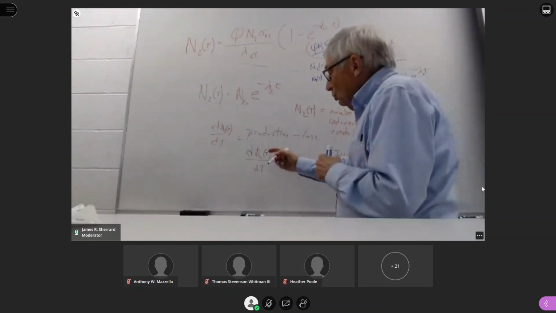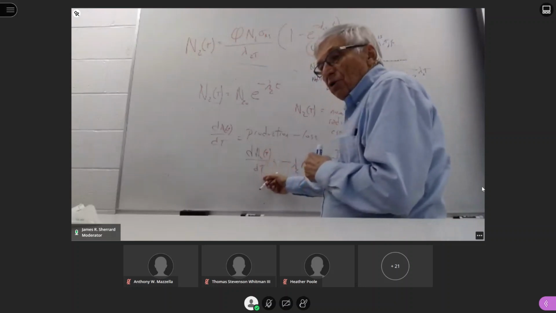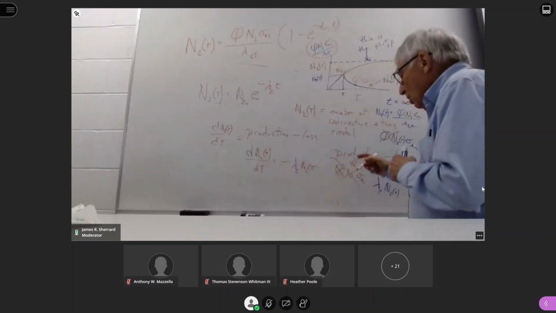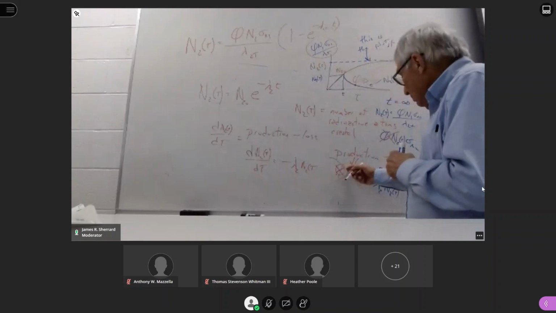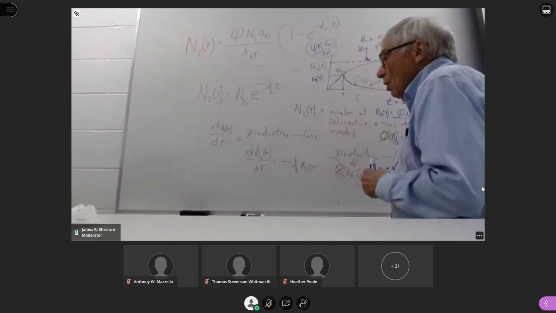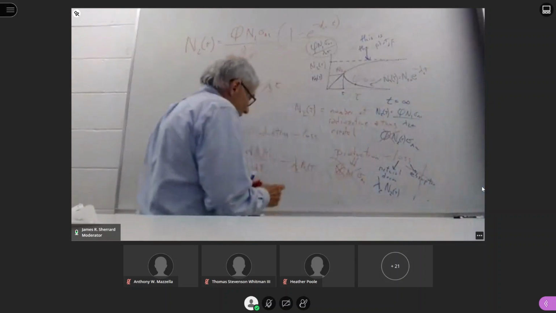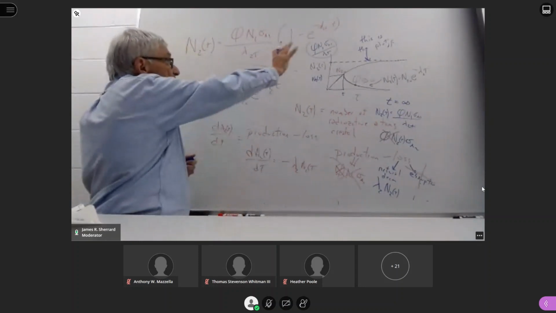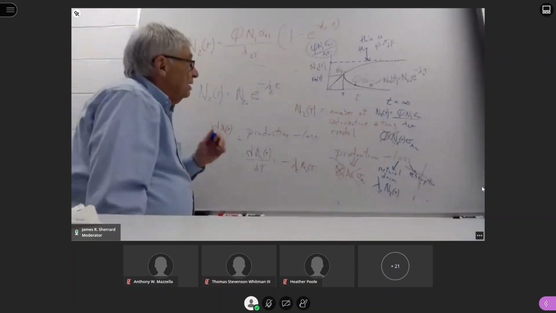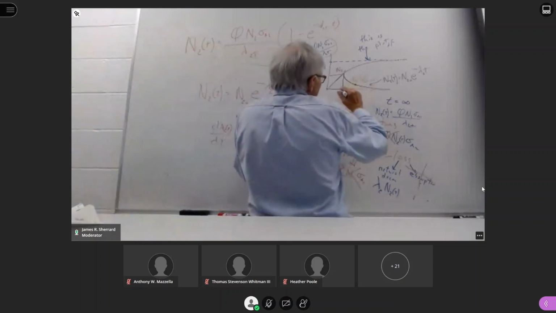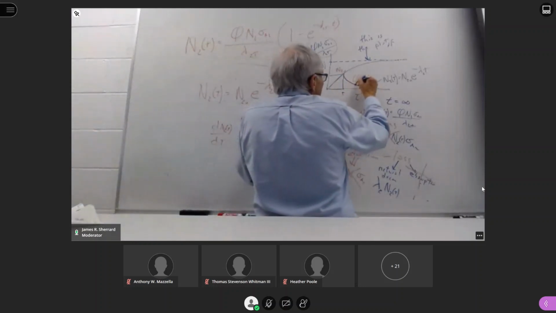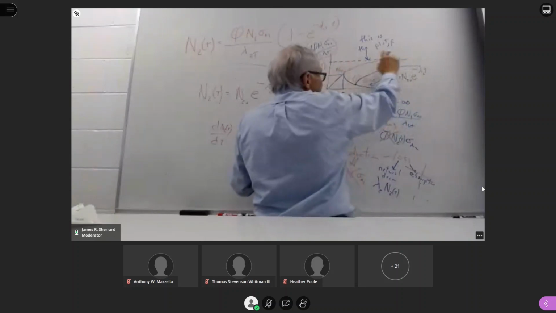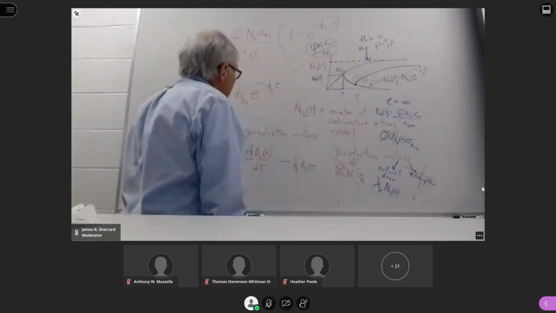you then go back, and if you look at the rate of change of the desired nucleon with respect to time, you'll have production minus the regular two losses. So you're going to come back to this same equation. This is going to start up, and it's going to look like a mirror image of this one, except you're lower.